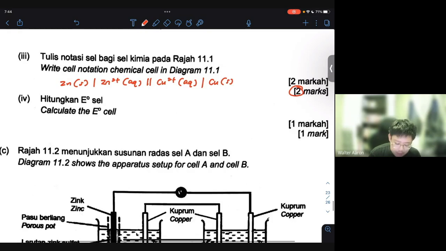And I ask you to calculate the voltage of the cell. So the voltage of the cell is technically the standard electrode potential value for the positive terminal, minus the standard electrode potential value of the negative terminal.